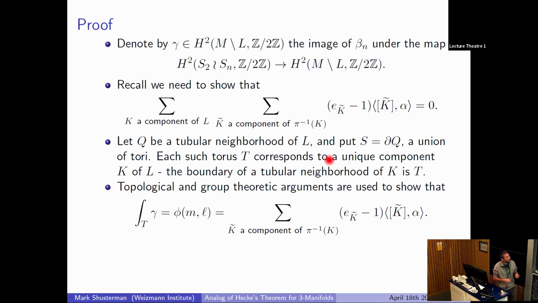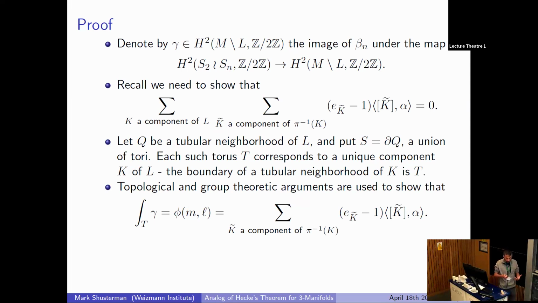And you denote by S the boundary of this tubular neighborhood, which is a union of tori. You will have one torus T for every component K, which is a knot of this link L. So the boundary of a tubular neighborhood of K is T.